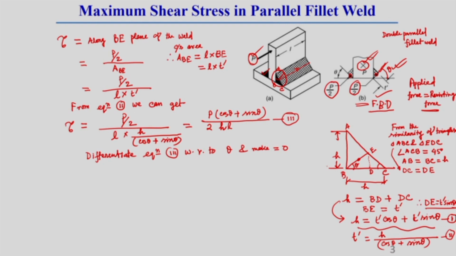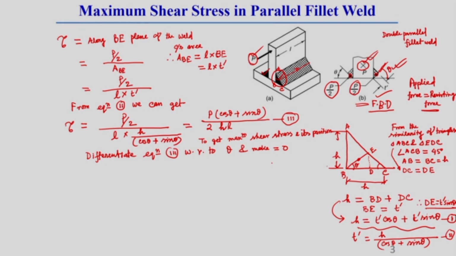So, to get maximum shear stress and its position, we are generally differentiating equation 3 with respect to theta and making it equal to 0.